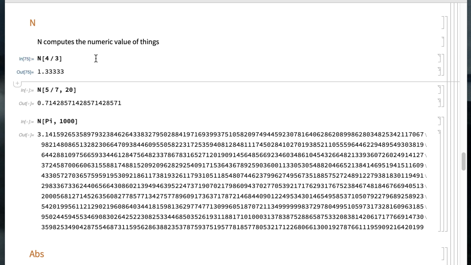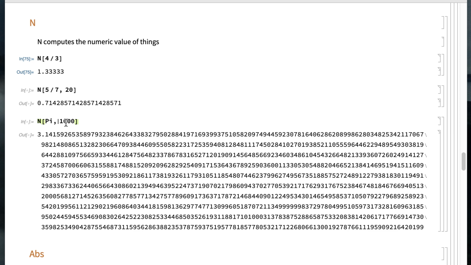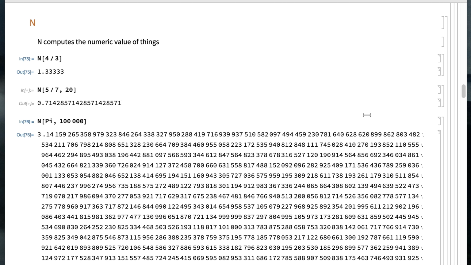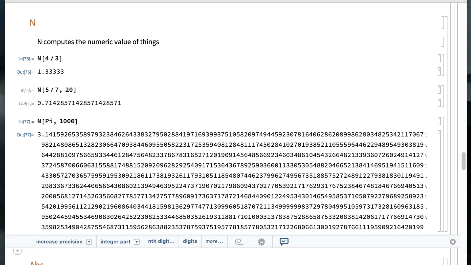So here's N of 4/3. You'll notice it's coming up with a reasonable number of digits. If you want more digits, give it an argument. And here I'm having the fun of figuring out pi to 1,000 decimal places, just for the heck of it. We can do 100,000 places, but we'll stick with our 1,000. All right. So onward.